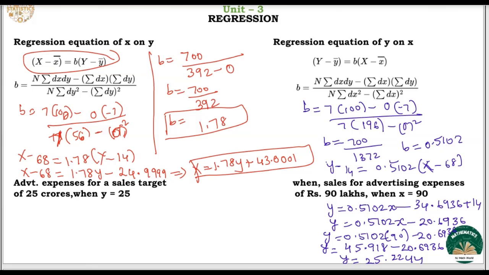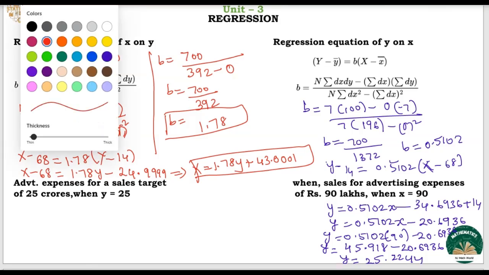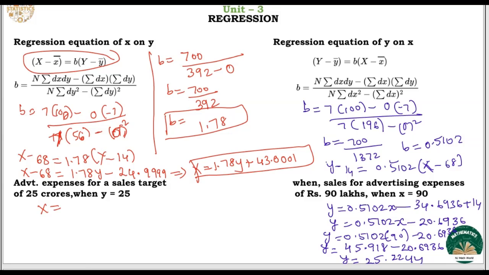Similarly, we will be finding the x value here. So x equals 1.78 into 25 plus 43.0001. If you multiply 25 into 1.78, you get 44.5, plus 43.0001.